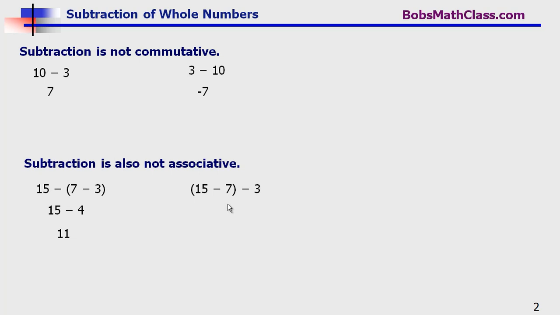If we do the problem on the right, and we do the parentheses first, that will give us 8, and 8 minus 3 is 5. So the answer is different. We can then say that subtraction is not associative. Unlike addition, addition was commutative and associative, but subtraction is neither.